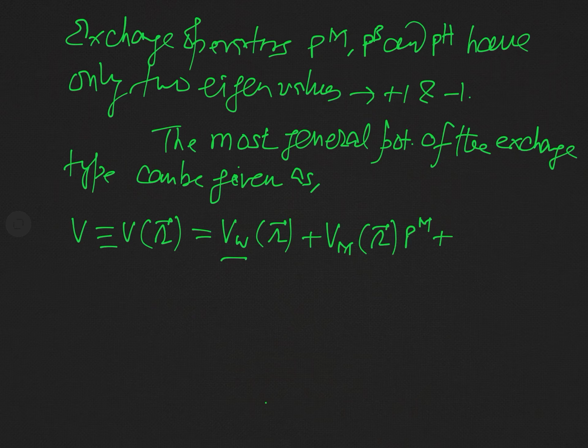In fact, this Pm refers that this potential may be positive or may be negative in accordance with the eigenvalue of this operator, and plus Vb, this is Bartlett potential of R Pb, and plus Vh of R, this is Heisenberg potential Ph.